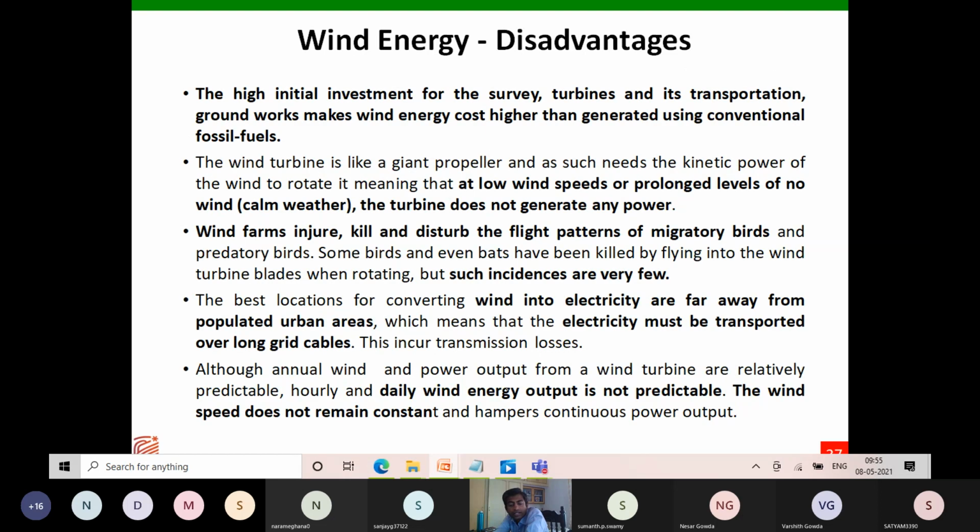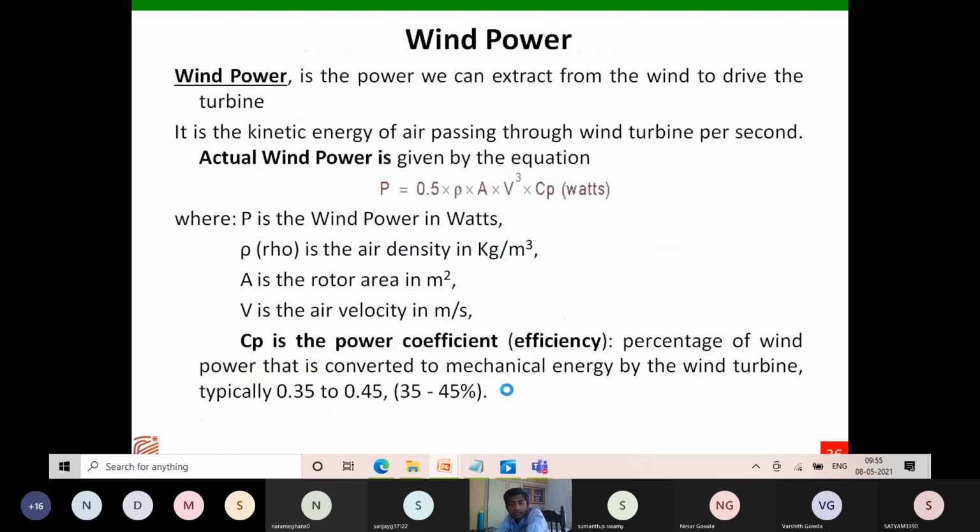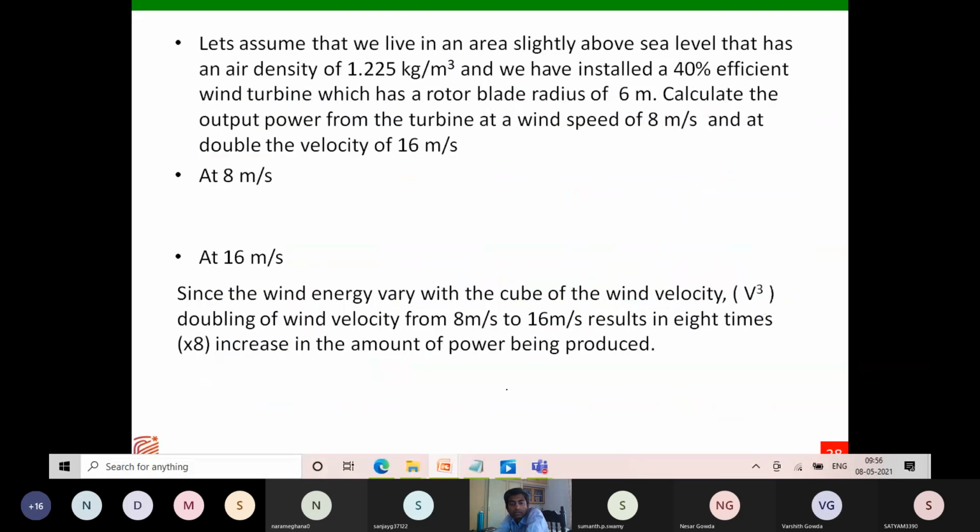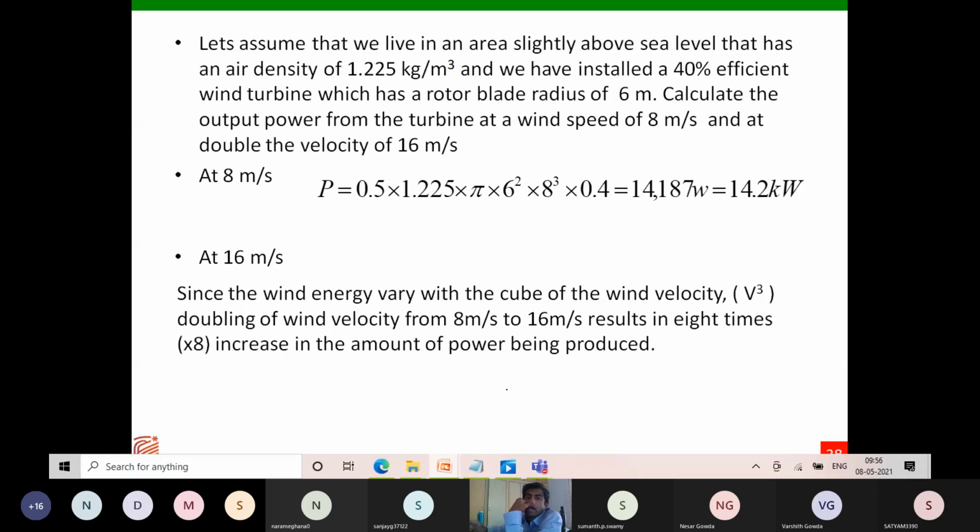So we will see that, if you look at this equation here, we have air density. The air density given here is 1.225 kg per meter cube, and we have a Cp, the coefficient of power, as 40%.